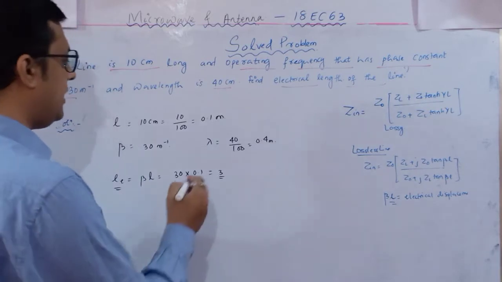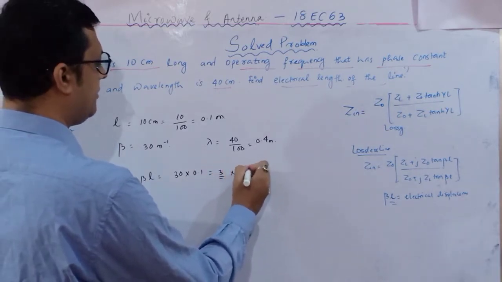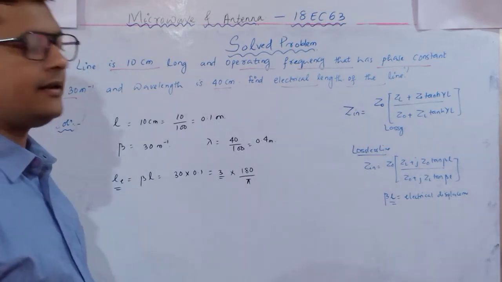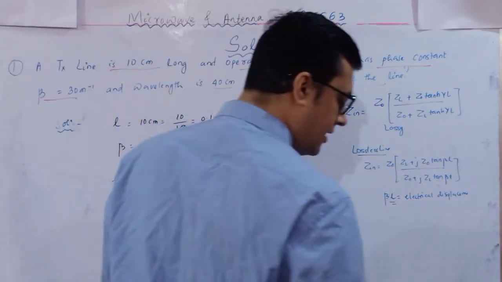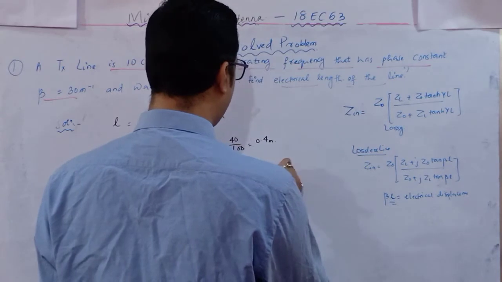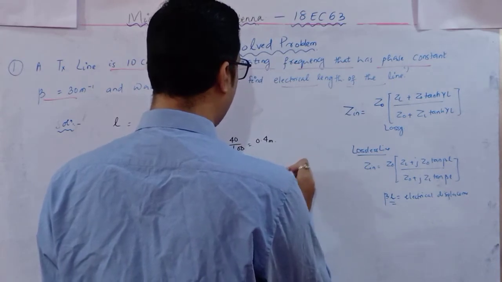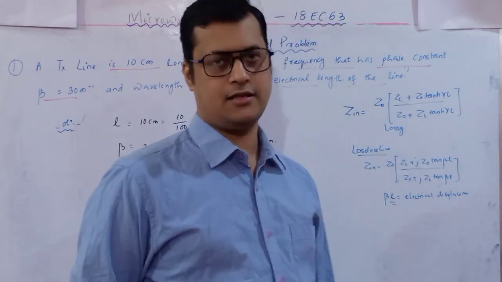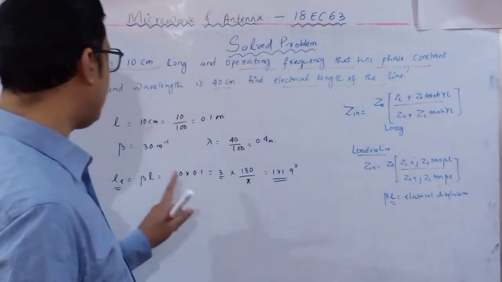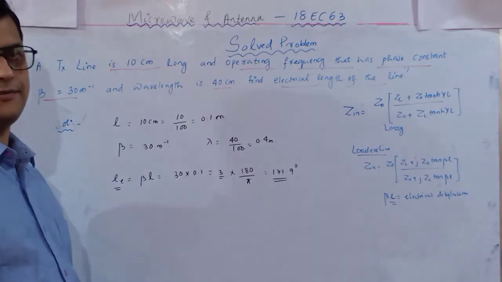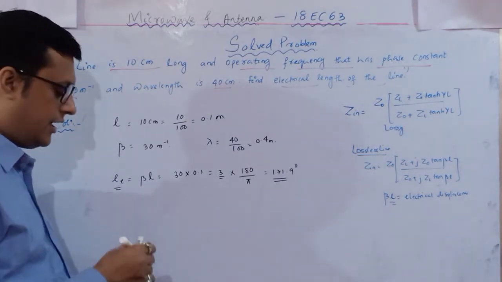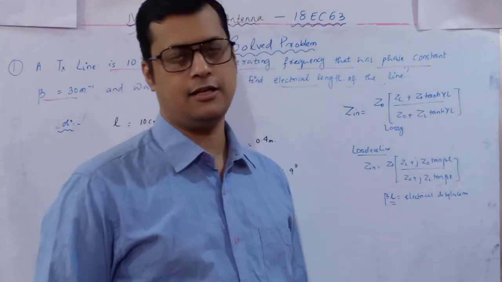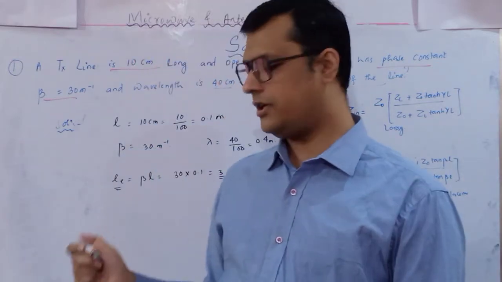So here 3 you have to represent in terms of angle. So it is 3 times 180 degree divided by pi, so you will get around 171.9 degree. So this is my electrical displacement. Okay. Done. So with the help of this small relation, you can identify the electrical displacement. So one more question we will take.